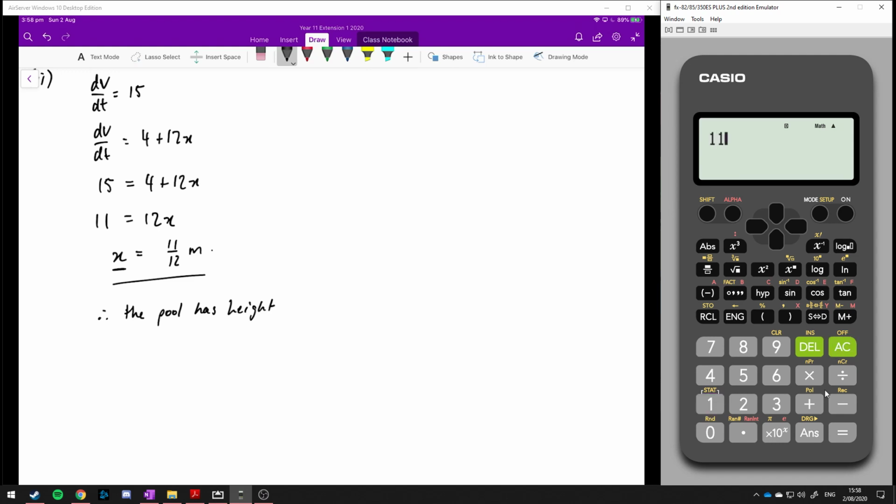What's that? That's just 0.92 when the flow is 15 meters cubed per hour.